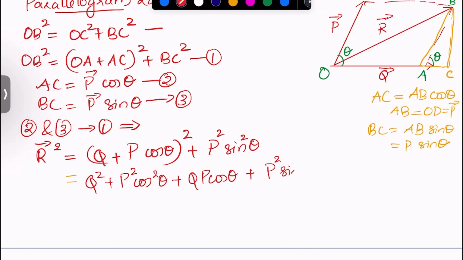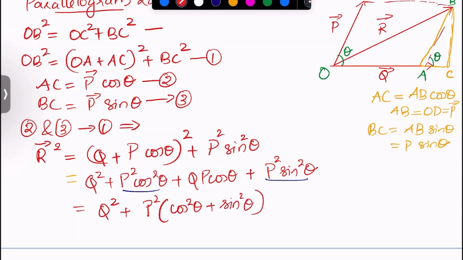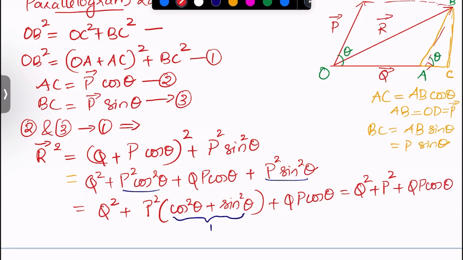Now Q square we will be taking, and P square we will be adding these two terms, P square times cos square theta plus sin square theta, plus QP cos theta, which is equal to Q square plus P square plus, because this is 1, plus QP cos theta. This is what R square is.